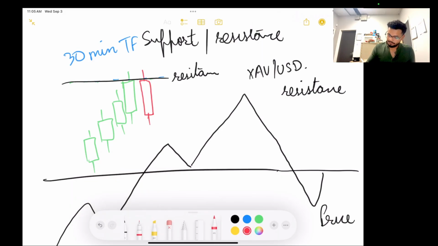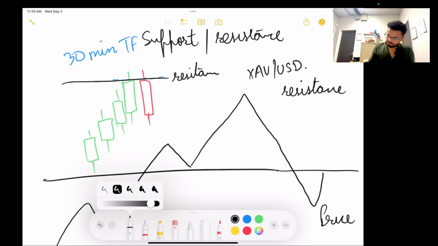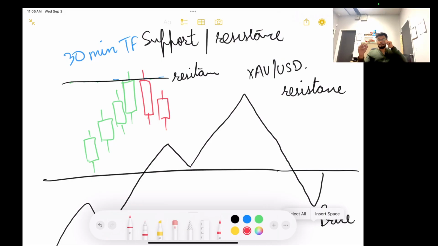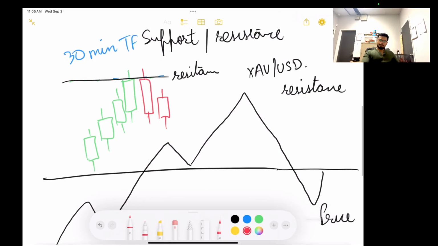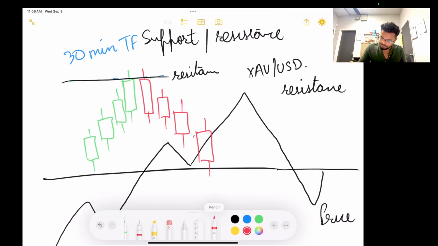And then the other candle forms. Oh wait, this is not the right kind. And keeps going down. So once price makes its move down, and let's say a bullish candle forms after this. Oh wait, why do I keep choosing the wrong kind? Okay, I need this, and boom, done.